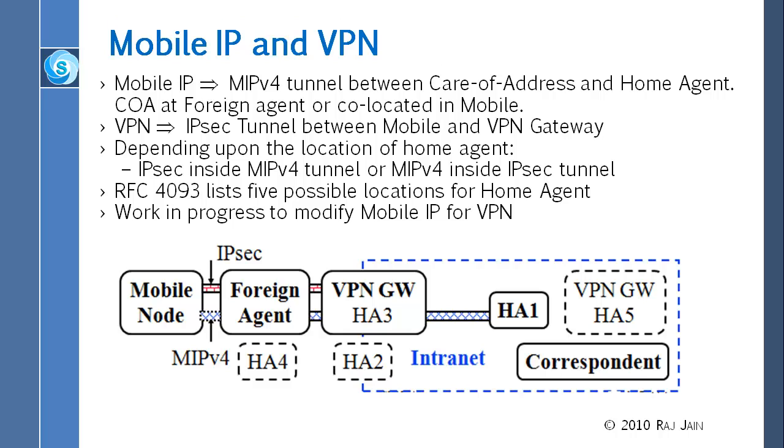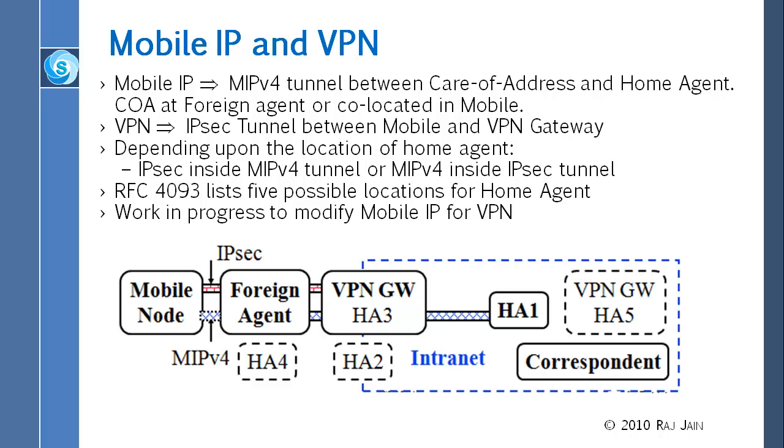So that is possible, but basically the idea is, generally what happens is when you are a mobile node and you go somewhere else, you cannot connect directly to the home agent. You have to connect to the VPN gateway, right? And so when you connect to the VPN gateway, that connects to the home agent.